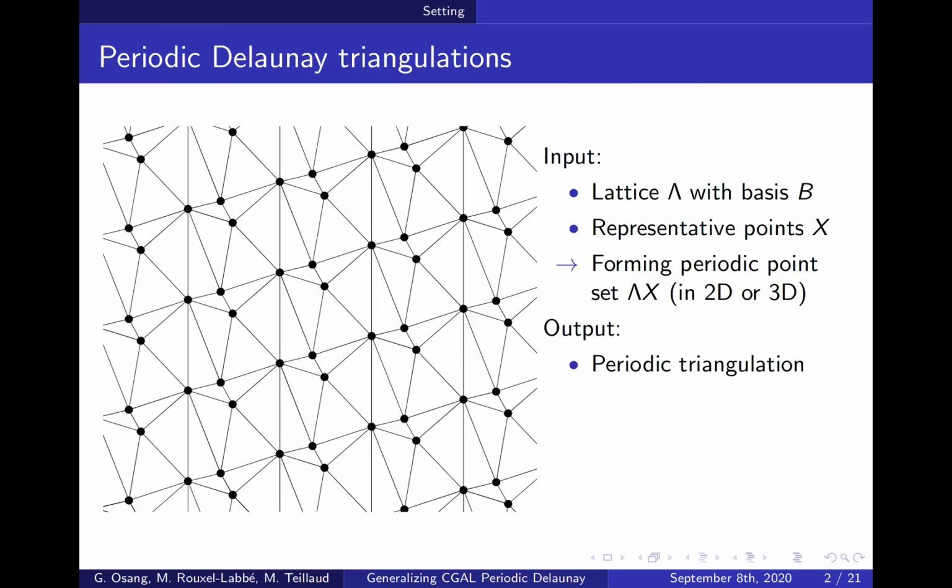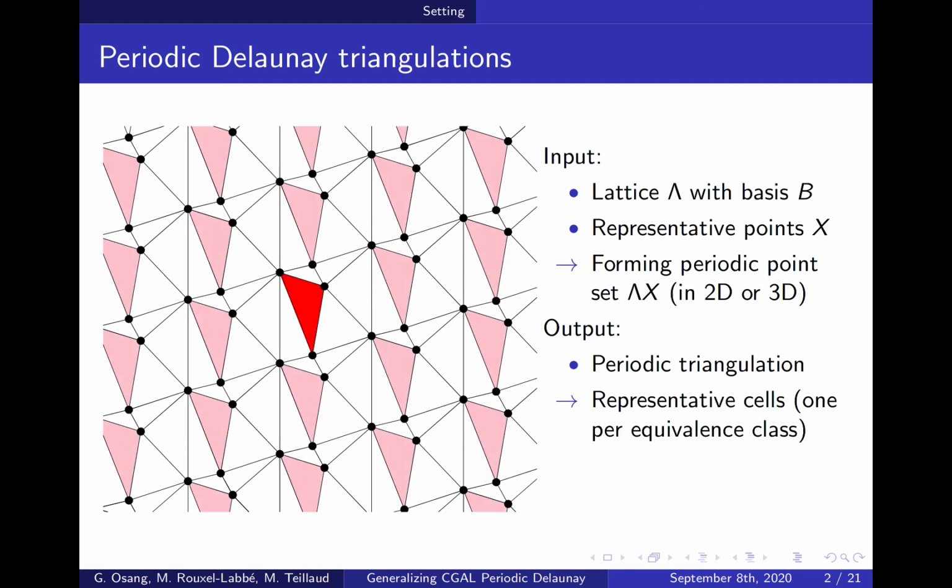So again, the output is strictly speaking an infinite object, but in practice what we want is a finite representation. So for each equivalence class of cells in the output, we want one representative. So it would kind of look like this.